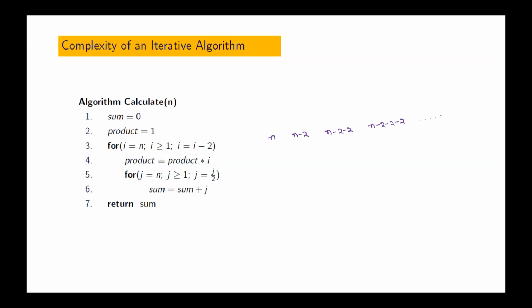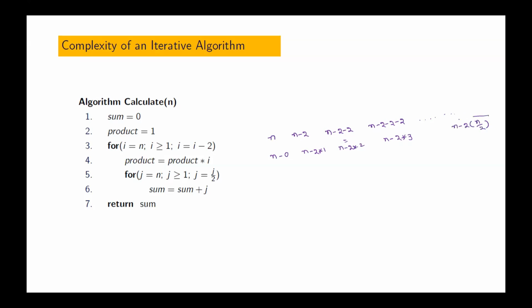The same thing we can write as n minus 2 into 0, n minus 2 into 1, n minus 2 into 2, n minus 2 into 3, and so on. Say when it becomes n minus 2 into n by 2.